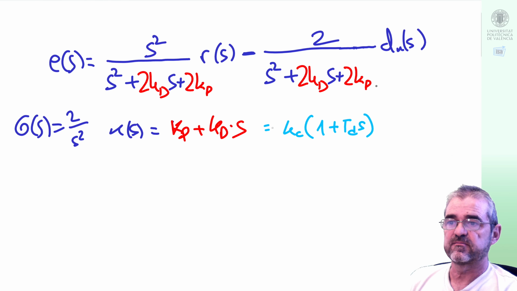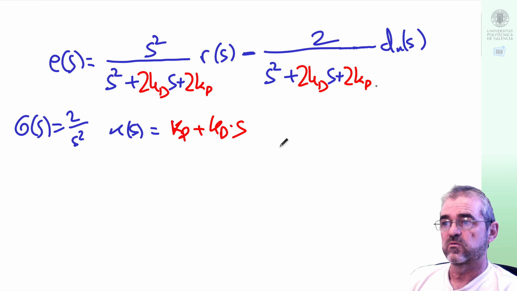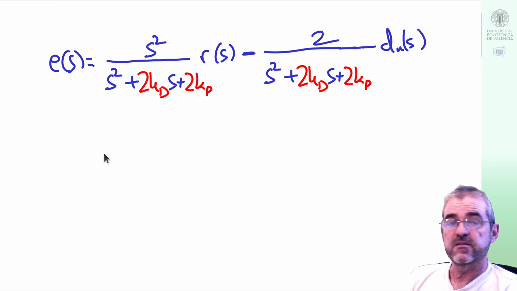So now what we are interested in is in determining the steady state stationary error when subject to step and ramp setpoints or disturbances. Assuming, of course, that Kd and Kp are positive, so this dynamics is stable.